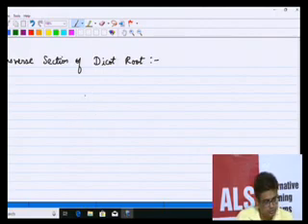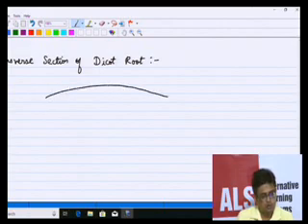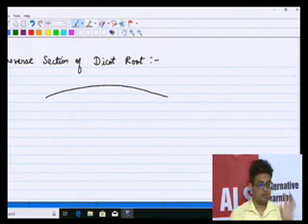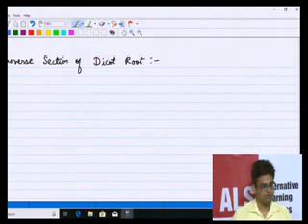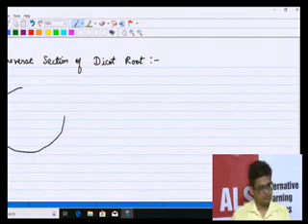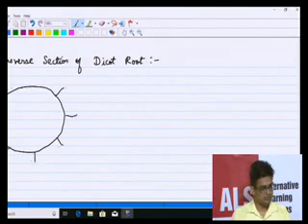Okay, so please use a full page for this, and don't draw the diagram exactly in the middle. First I am going to draw the outline. Just a second. First I will show you the outline, and then I will give you the complete picture. On the outermost surface there are some hair-like structures on the epidermis.